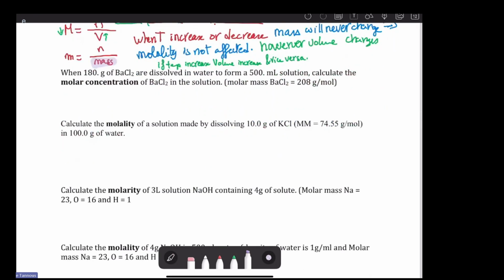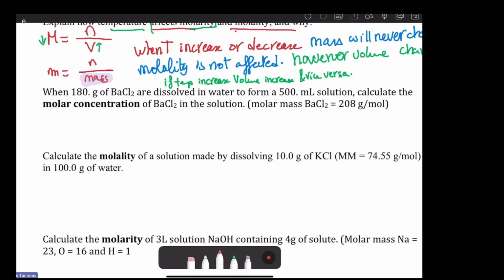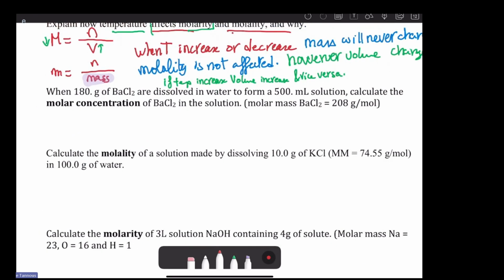Now, moving on, there are some questions that I'm giving here that summarize the calculations that we need to do. I'll explain each one. 180 gram of barium chloride are dissolved. From the words are dissolved, I can understand that this is the solute. And I have a mass of 180 gram.